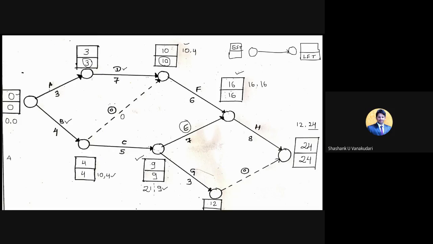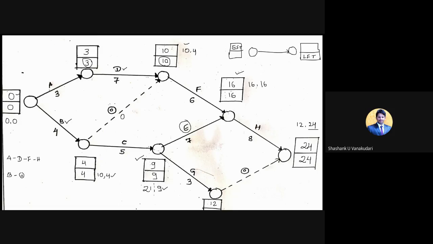The first path starts with activity A, activity D, and then activity F. I'm coming from the top, that is this path, right? Activity F and then activity H at last. So this is the first path. And the second one is activity B, and dummy activity I'm going to consider.